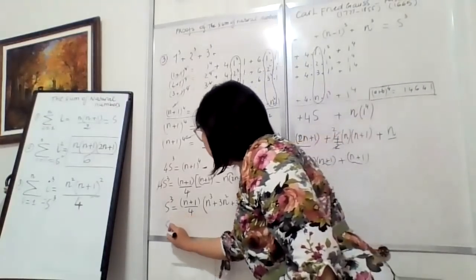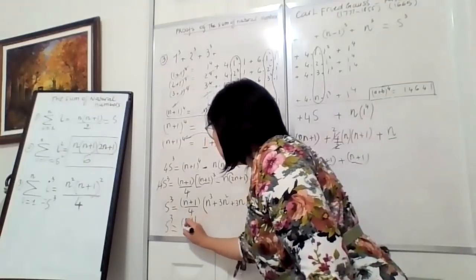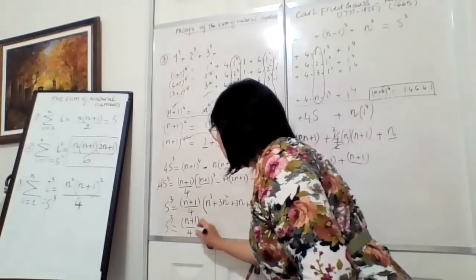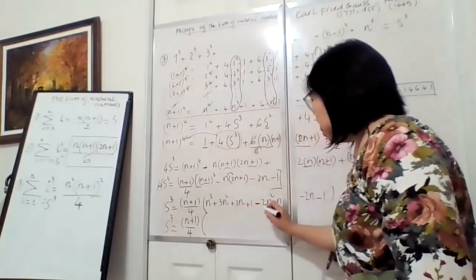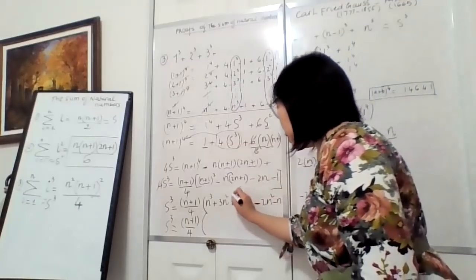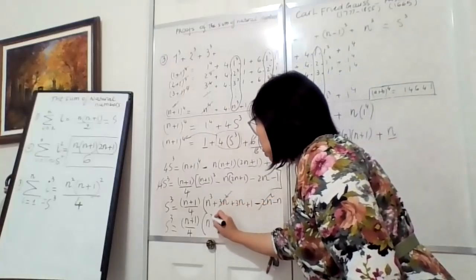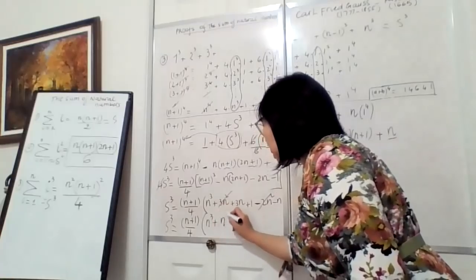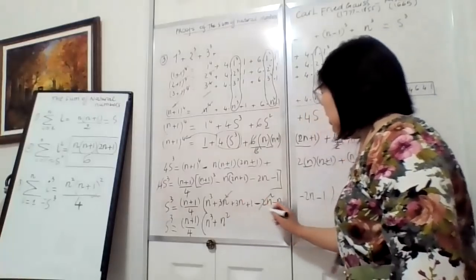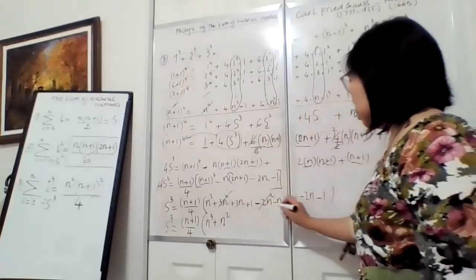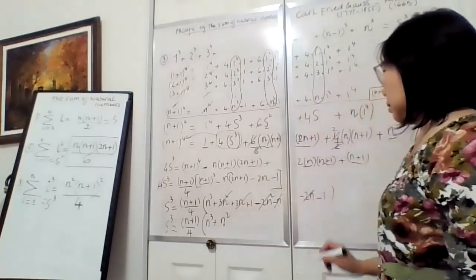So now I'm going to simplify this again. We have n plus 1 over 4 times, okay, let's see what happened. 3n squared minus 2n squared. This becomes n to the power 3 plus 1n squared, right? This minus that is n squared. 3n minus 1n minus 2n, so that cancels with both of these, right?